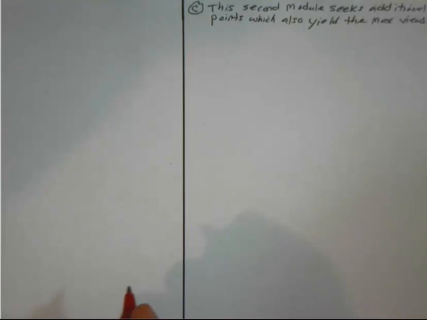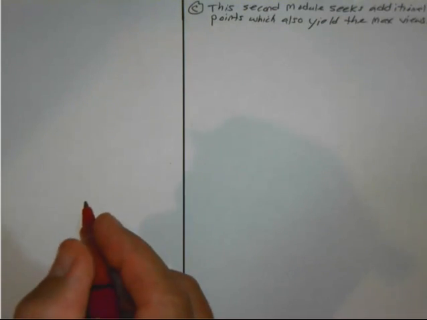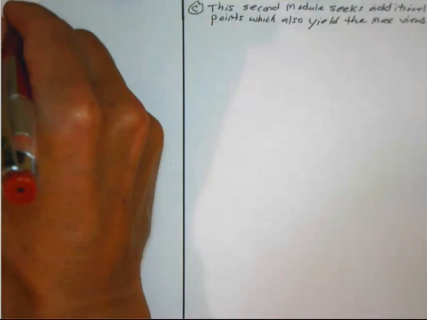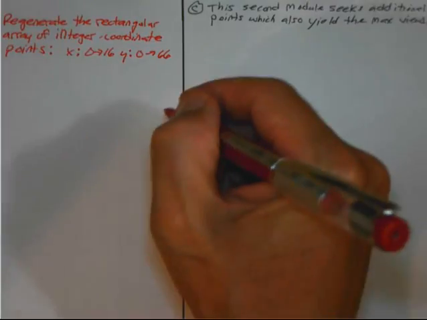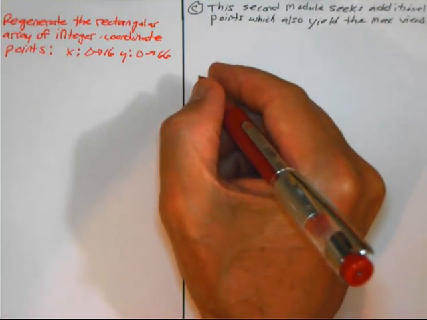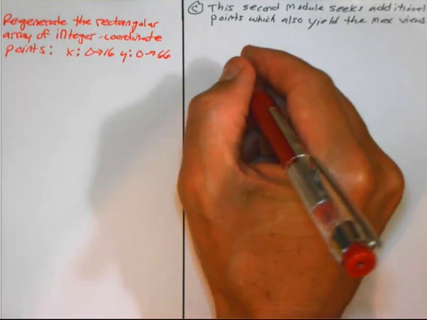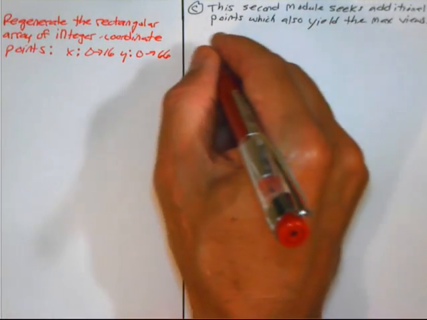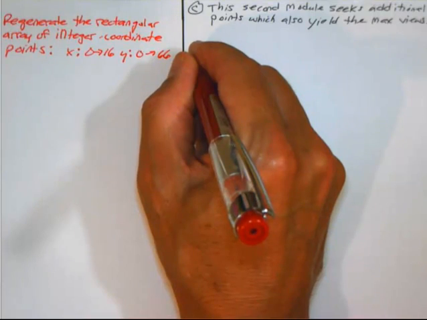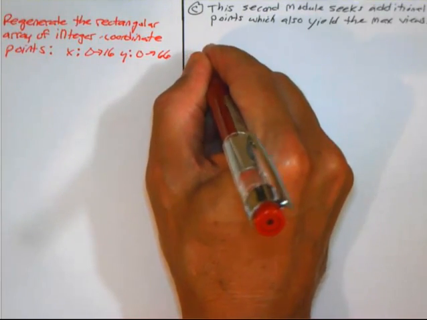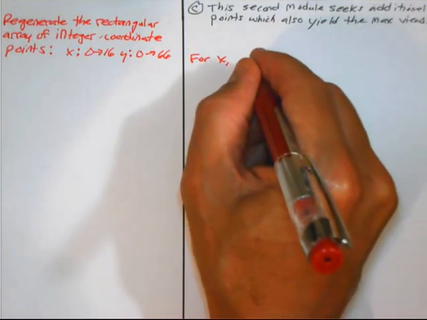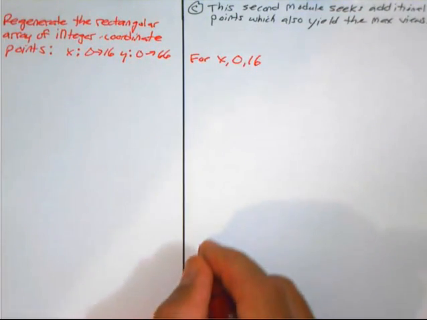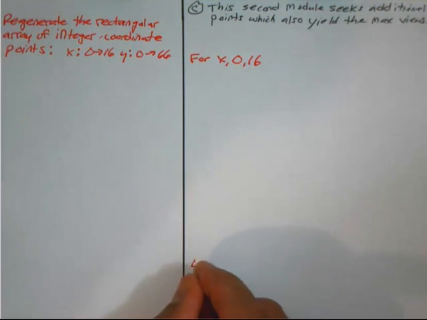Alright, let's see. We'll need to first recreate the domain in order to seek such points. So our first step basically could be this. We want to regenerate the rectangular array of integer coordinate points, x going from 0 to 16, y going 0 to 66. That means counter loops, right? So perhaps here, begin our first counter loop, and it goes for the variable x, the lowest number 0, highest number 16, and the corresponding next statement, about here.